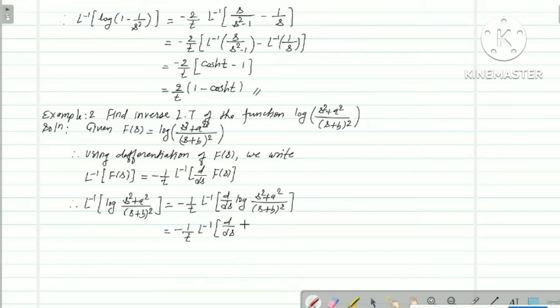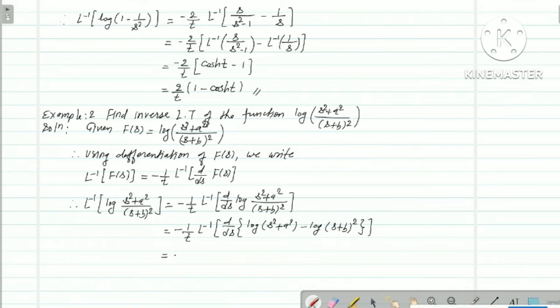So just write this as negative of 1 upon t L inverse d by ds. We simplify the bracket first. So this log a by b can be written as log a, that is s square plus a square, minus log b, that is s plus b the whole square. Okay, now close the bracket.